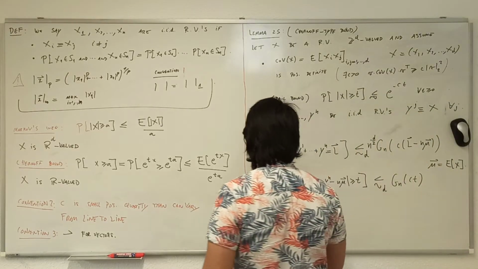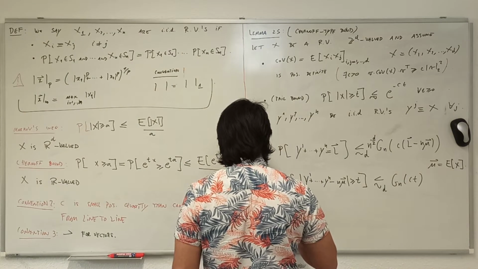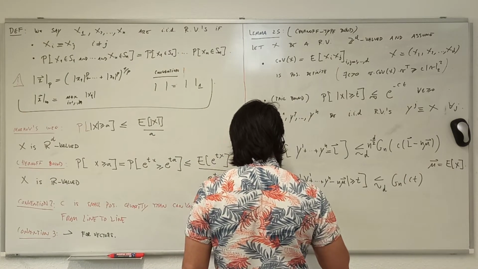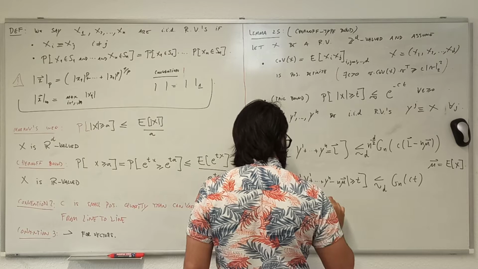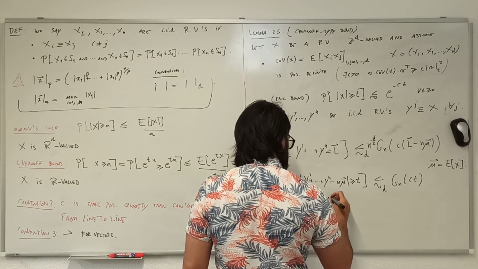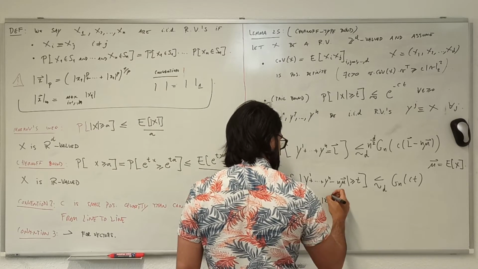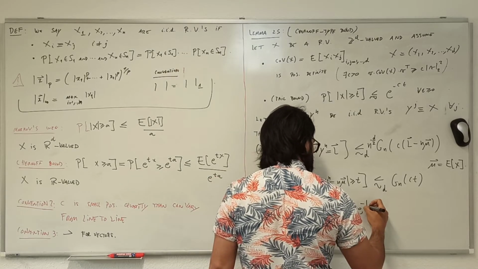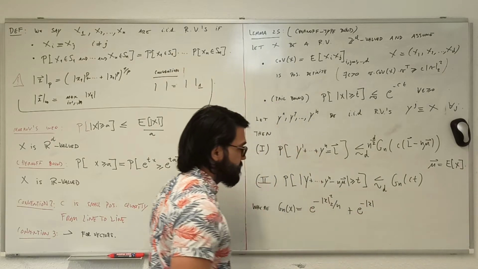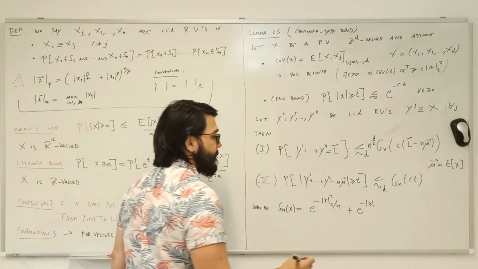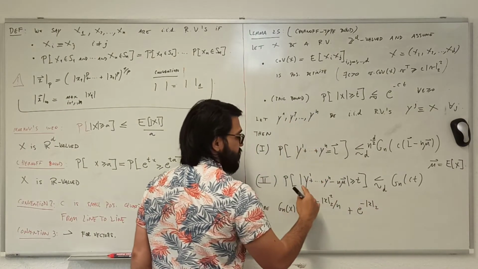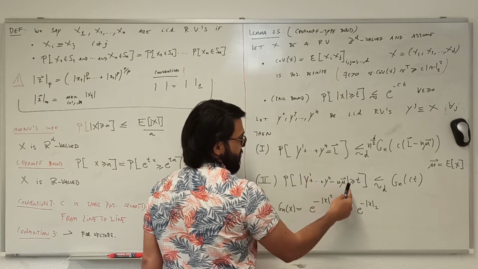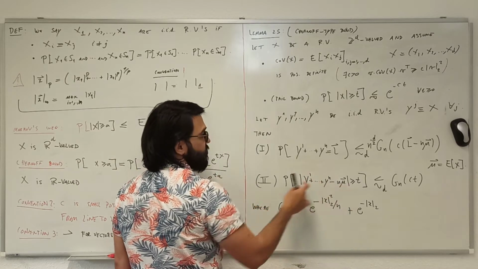And g_n of x is e to the minus x Euclidean norm squared over n, plus e to the minus again the norm of x. But this norm here should be, for instance, the 1 norm, because by the convention this is supposed to be the 1 norm.